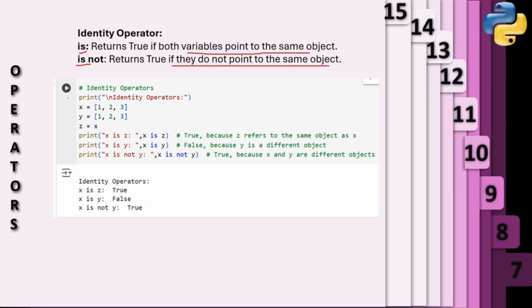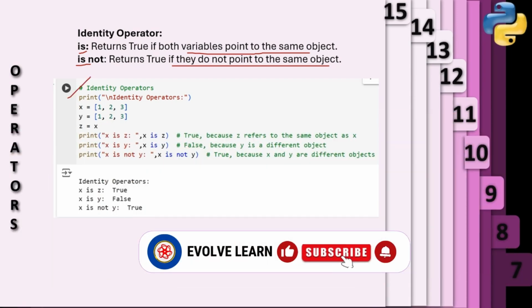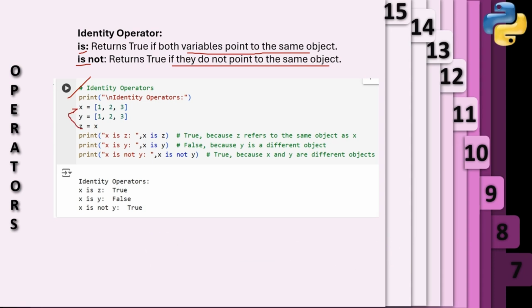Coming to this example, in the execution, as you can see, x is z. As I have said, it should refer to the same object, not an identical or similar object. As z is x, which has the same memory location, it returns true. In the next, as you can see, x is y.